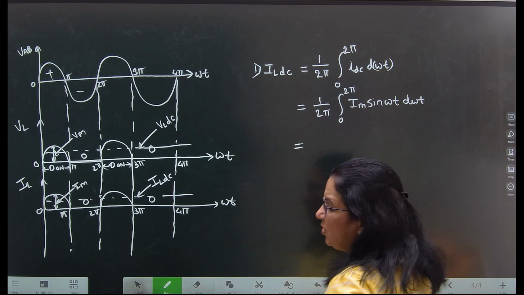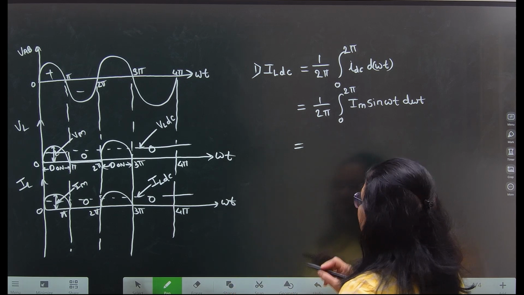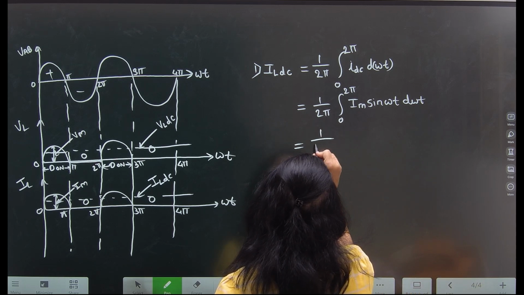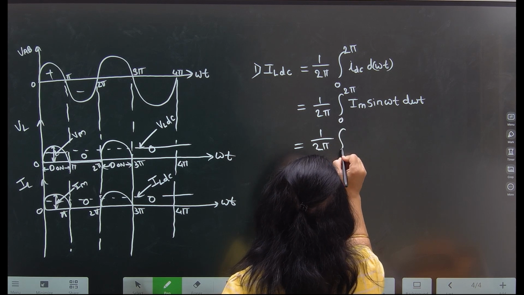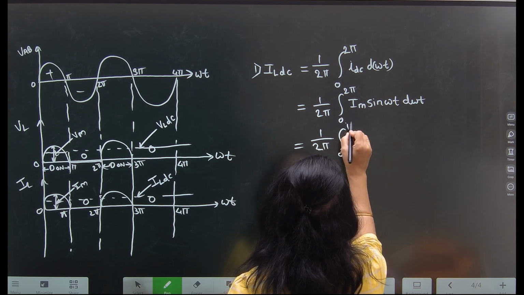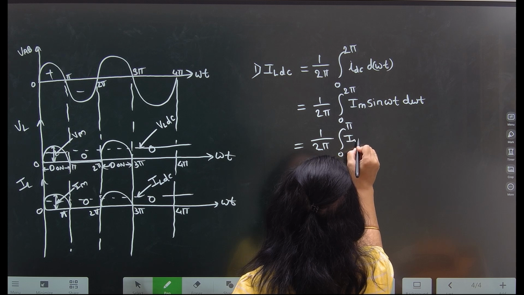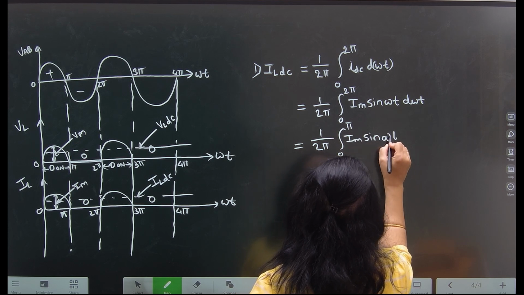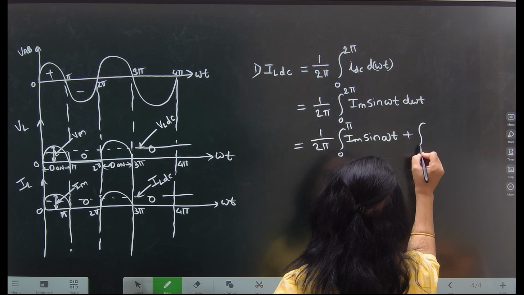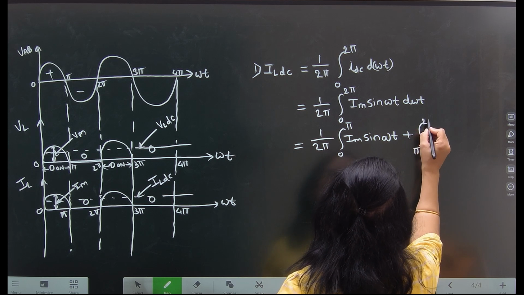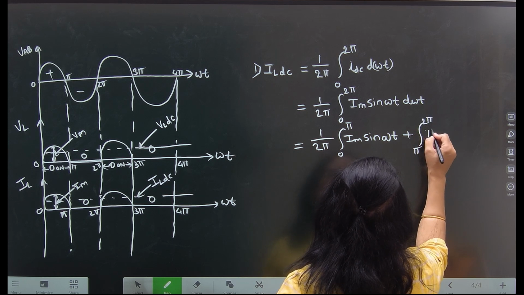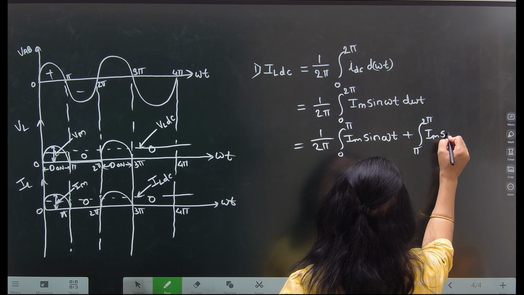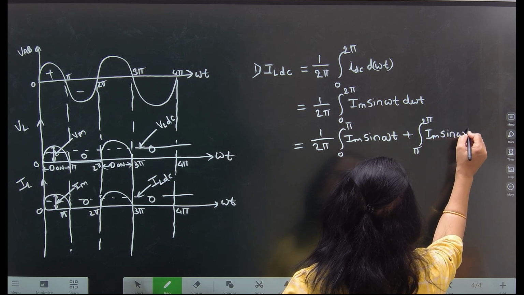If we solve this integration, then here 1 upon 2 pi, integration of 0 to pi Im sine omega t, plus integration of pi to 2 pi Im sine omega t into d omega t.